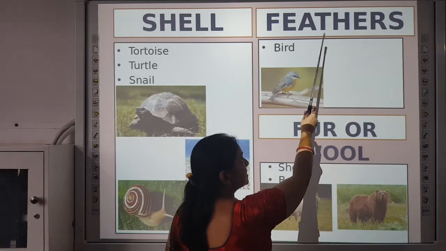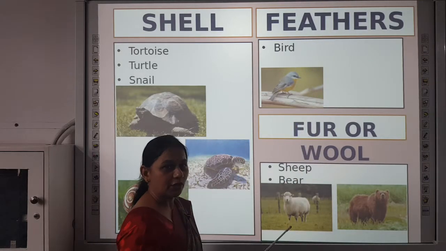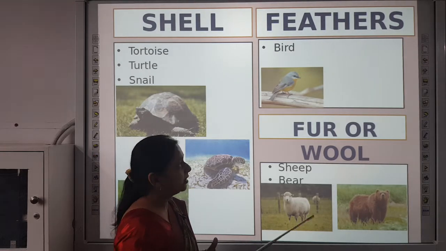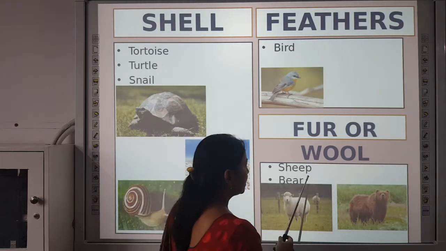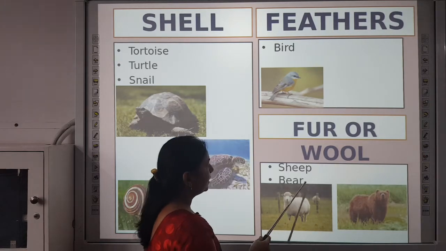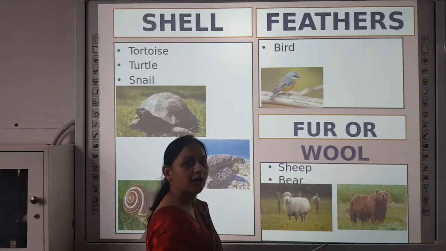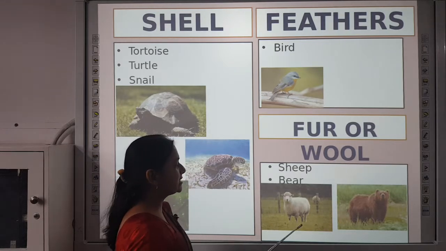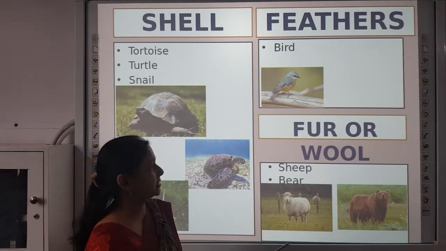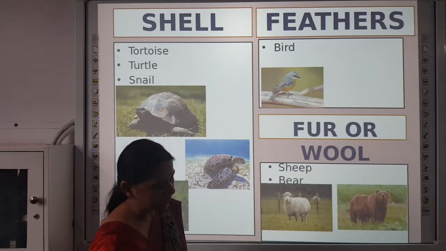In the same way, birds have feathers as their body covering. These feathers protect them from rain and cold. Sheep has wool and bear has fur as their body covering, which protects them from harsh weather conditions. So this was all about body covering.